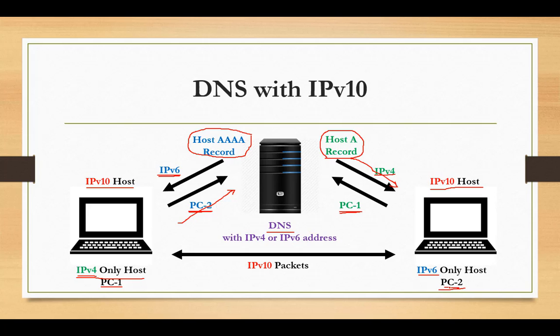Now PC2 knows the IPv4 address of PC1, and it will encapsulate the layer 3 packet header, which is an IPv10 packet, with source IPv6 address and destination IPv4 address, and send the packet to the default gateway, and the router will use its IPv4 routing table and route the packet through the IPv4 network until reaching the IPv4 only host, which is PC1.